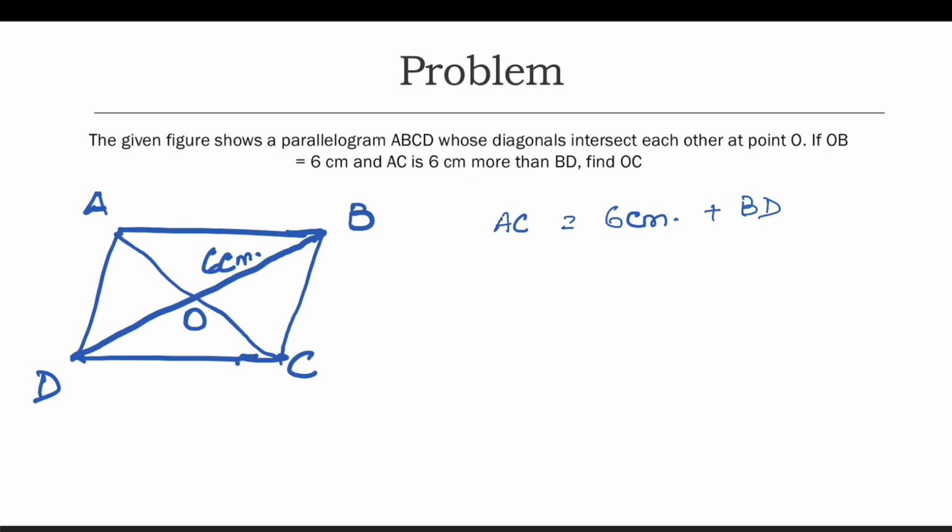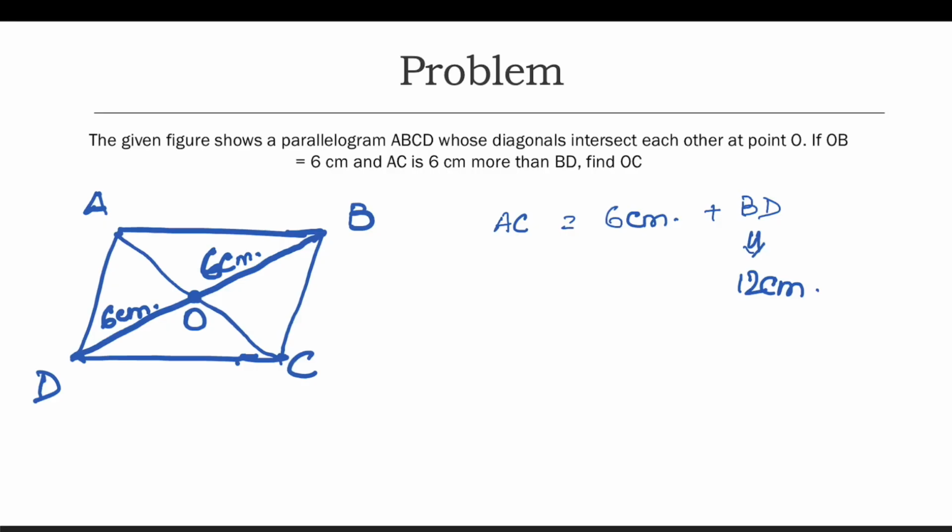Since they are bisecting each other at O, because diagonals of a parallelogram basically bisect each other wherever they meet, this is 6 centimeter, this is 6 centimeter. So overall BD is equal to 12 centimeter, right?